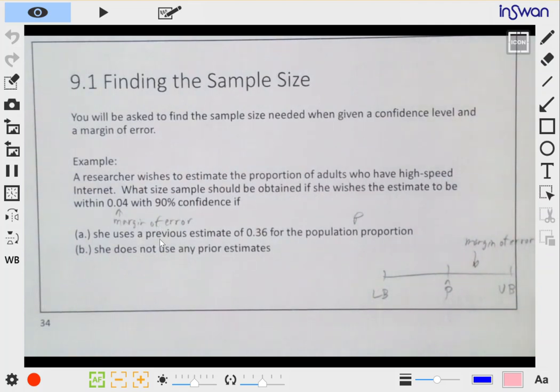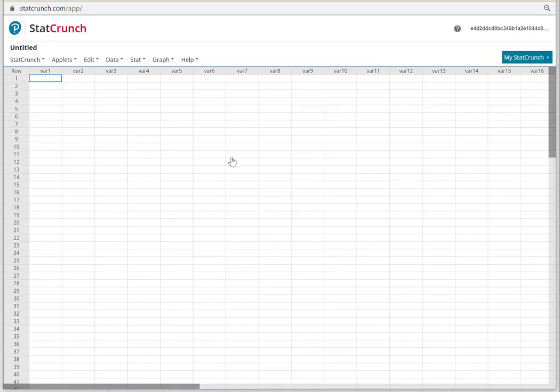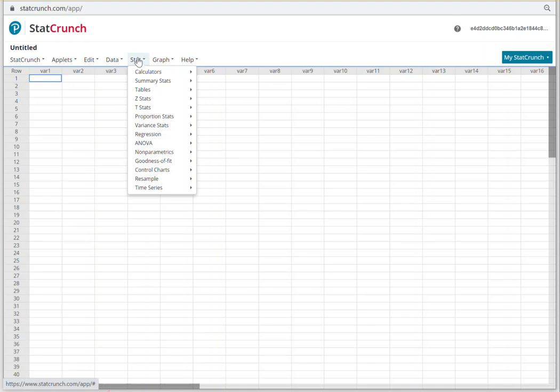So let's go ahead and do part A. I'm going to switch to StatCrunch. We're going to go to Stat, Proportion Stats, One Sample. Now in the example that I did for problem number 3 on the worksheet for 9.1, we went to a summary.